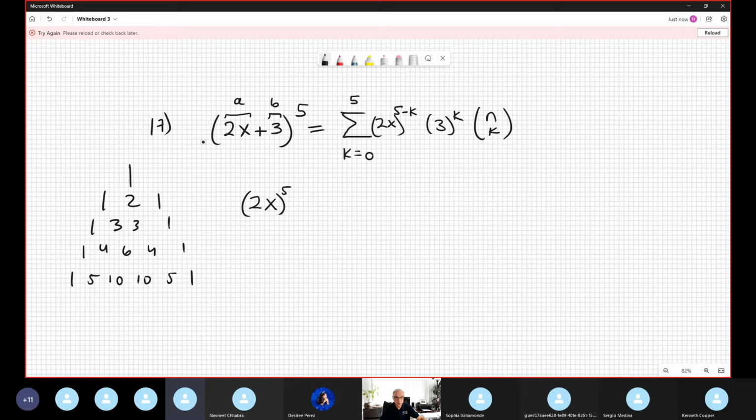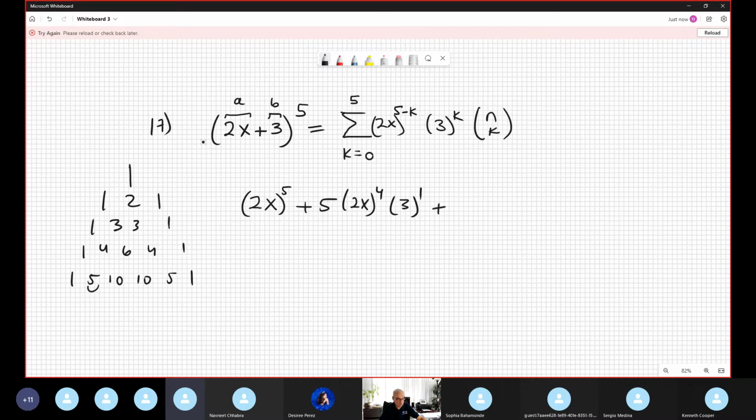No b, because it's 0. Plus 5. Why 5? Because this is the coefficient. 5 times 2x raised to the 4th power, you decrease this exponent, 5, 4, 3, and so on. And b, 3 to the 1. Keep in mind that 4 plus 1 always is 5, so the sum of the exponents is always 5 in any term.